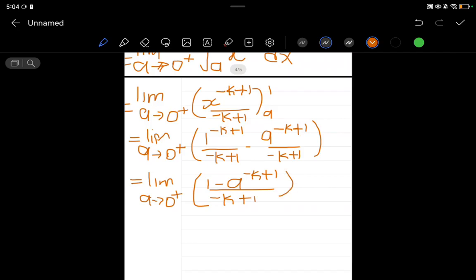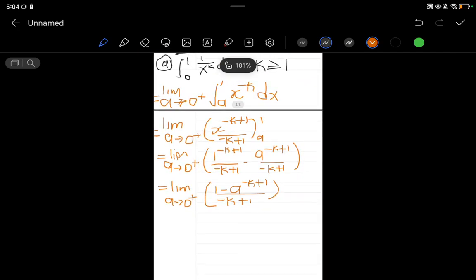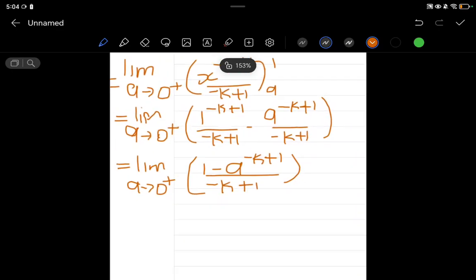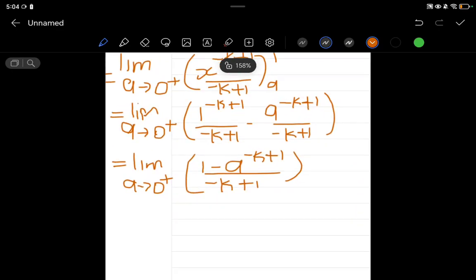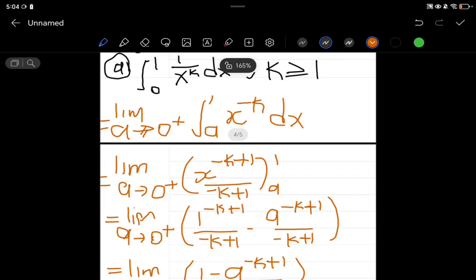So now I've integrated and simplified this part, right? So I want to consider this. And this will only occur such that k is not equal to 1. You see this integral, because if k is equal to 1, this will be undefined. Automatically, this integral diverges from the beginning when k is equal to 1.